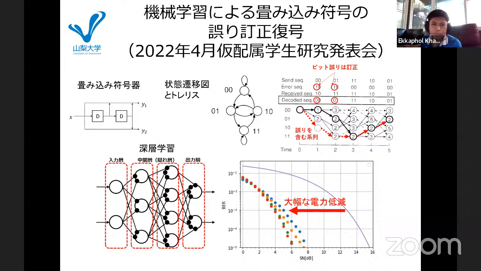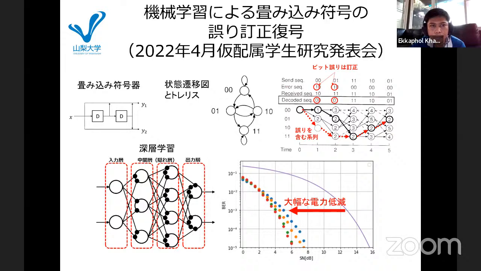Half a year, teach a lot. They got some good results. What I asked them to do is to decode this convolutional code with deep learning.